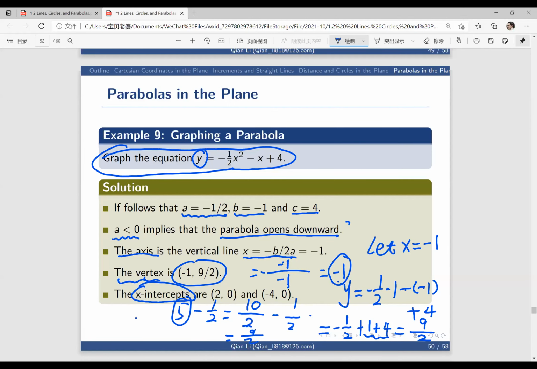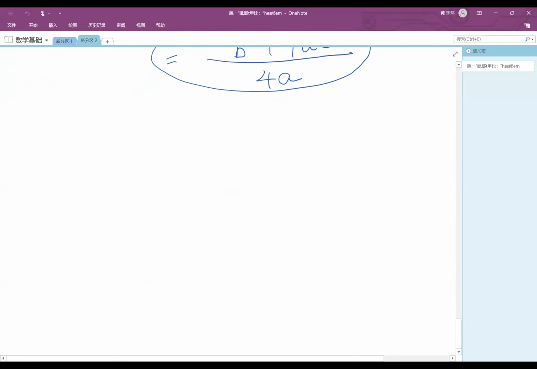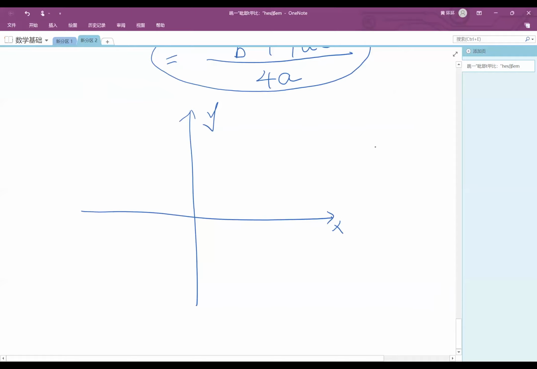Okay, let's see. For this parabola, this is the x-axis and this is the y-axis, and first, a is smaller than 0, so this parabola opens downward, right? And then the axis of symmetry is x is equal to -1.